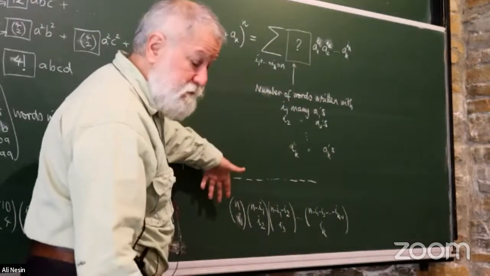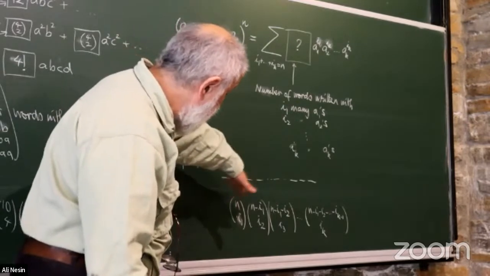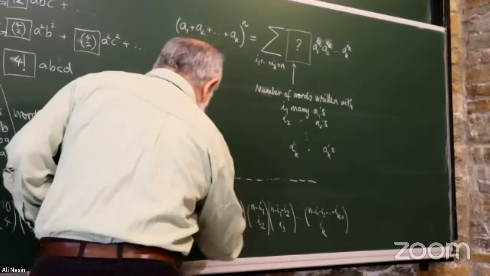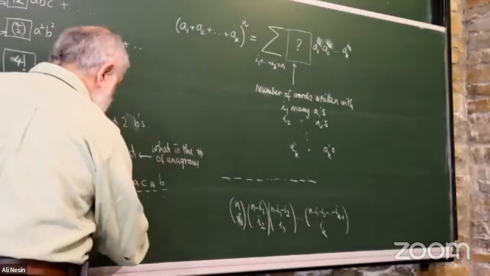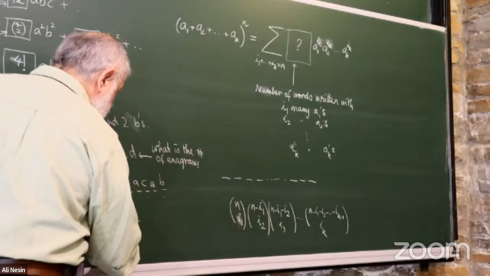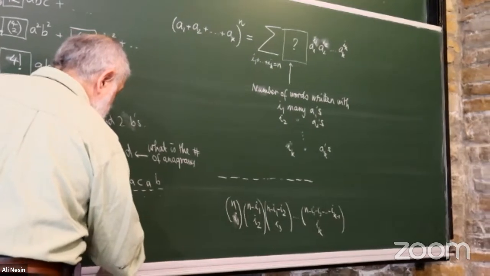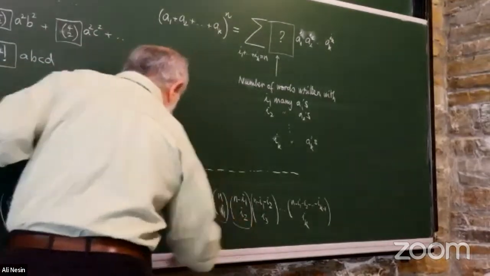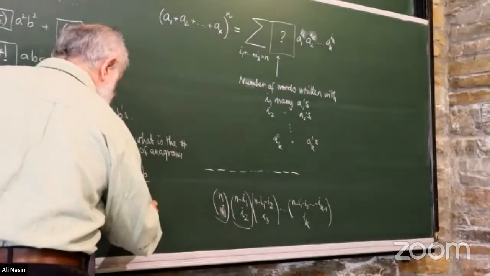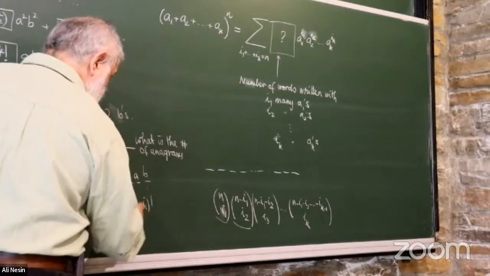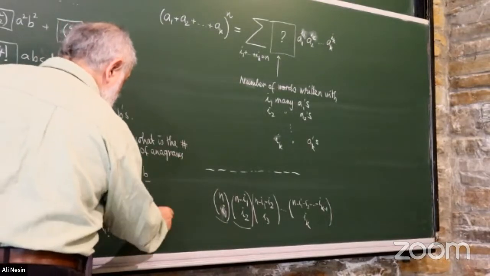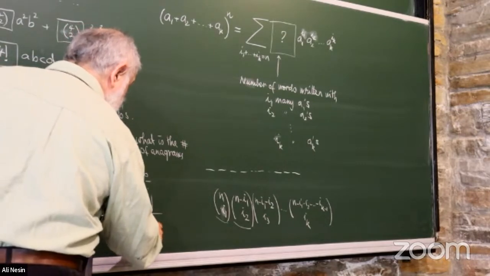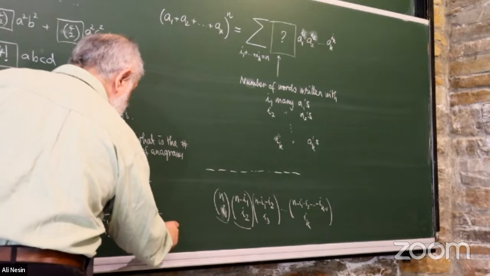If you do the computation, there will be lots of simplifications. Look, for example, this one is equal to n factorial over i1 factorial times n minus i1 factorial. And for the next one, n minus i1 factorial, see, there are simplifications, over i2 factorial times n minus i1 minus i2 factorial.